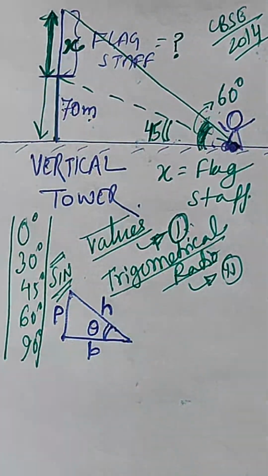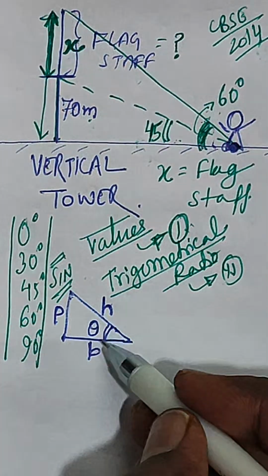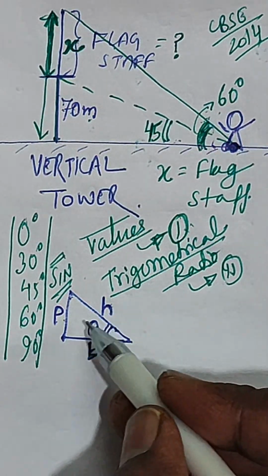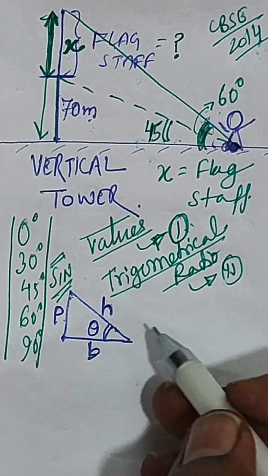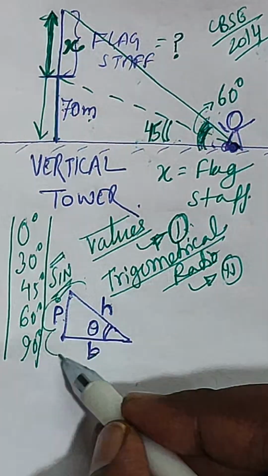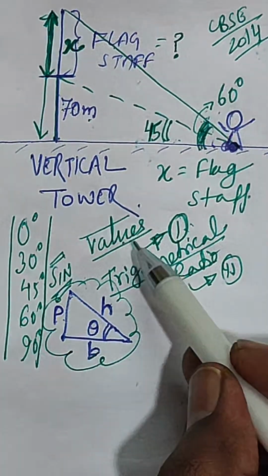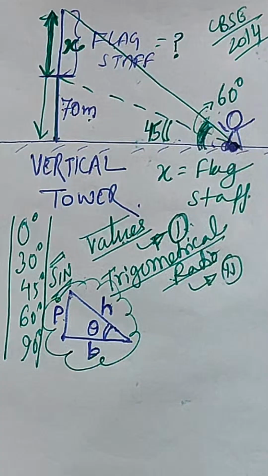You know the Pythagoras, you know the trigonometrical ratios. Sin theta is P by H, cos theta is B by H, tan theta is P by B, all this, right? If you remember all these things, then as I said, you should know only these two things to solve this question, right?